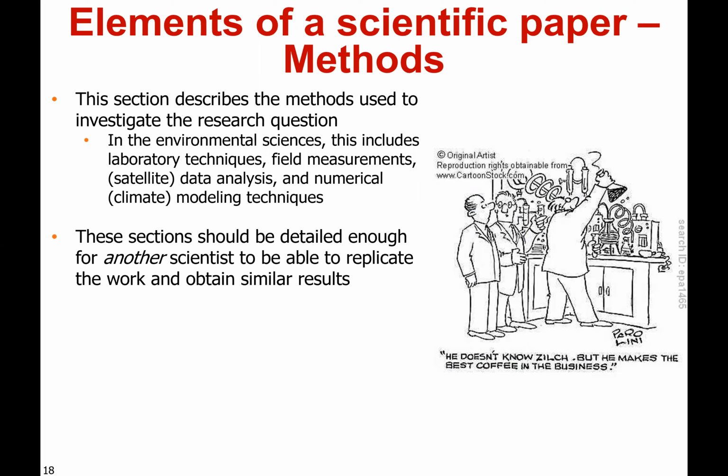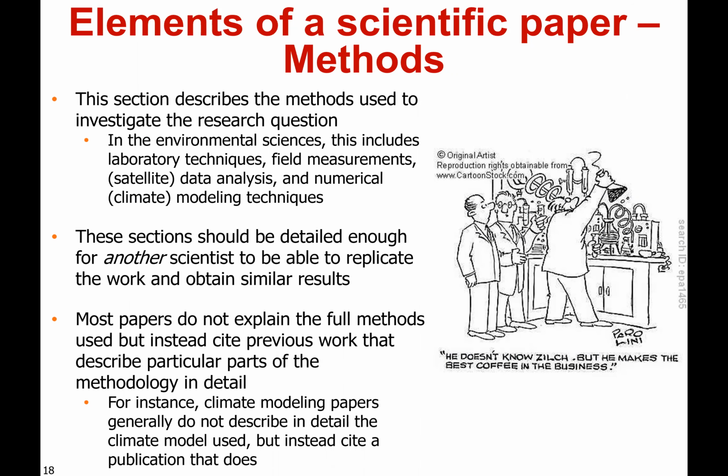So most people reading this paper don't need to understand the details of the methods, just a general approach. Methods is the least read section of a paper, and that's why journals like Nature and Science put them at the end for efficiency.